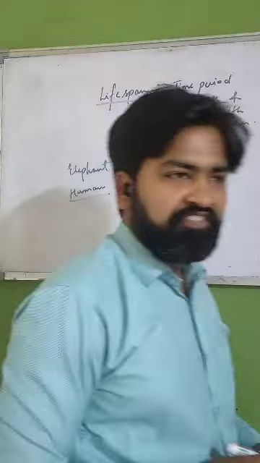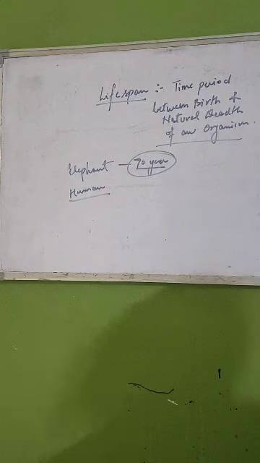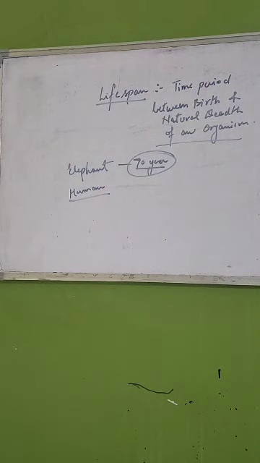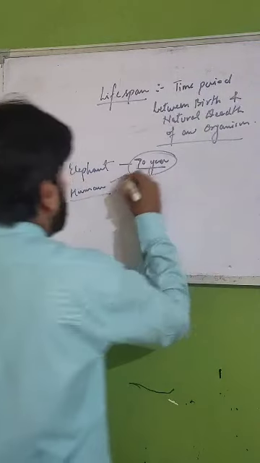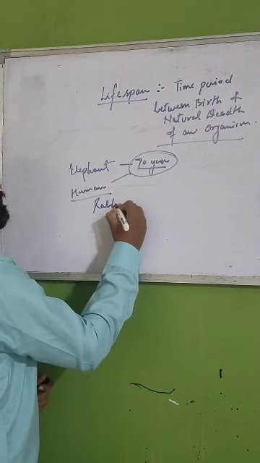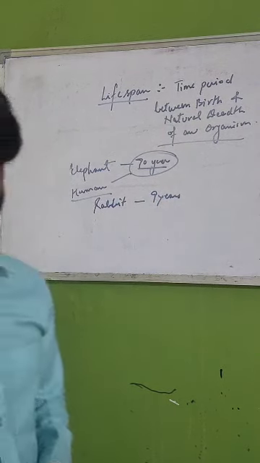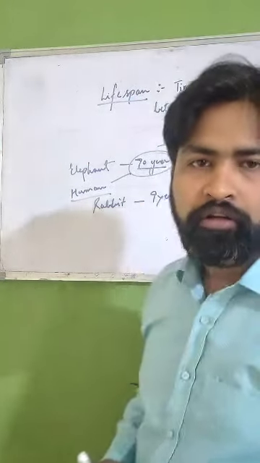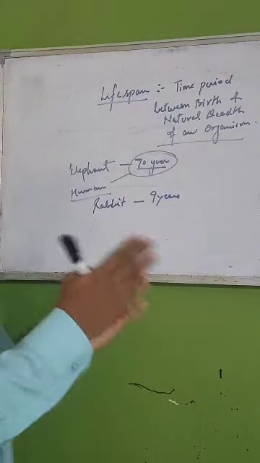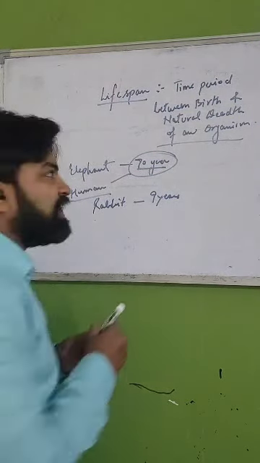If we talk about the lifespan of a few other organisms, such as a rabbit, the lifespan of a rabbit is 9 years. If we talk about a snake, the lifespan of a snake is about 20 to 23 years. So different organisms have different lifespans. And this lifespan has been categorized into different phases of life.